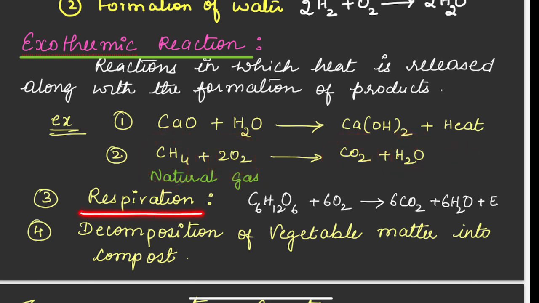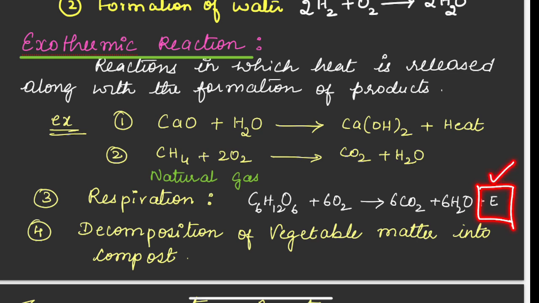And third example is respiration. During respiration, what is going to happen? You can see glucose, C6H12O6 is called glucose. Glucose will be reacting with oxygen, and as a result you can see the formation of product, carbon dioxide and water. Along with this, you can see energy is liberated in the form of heat.